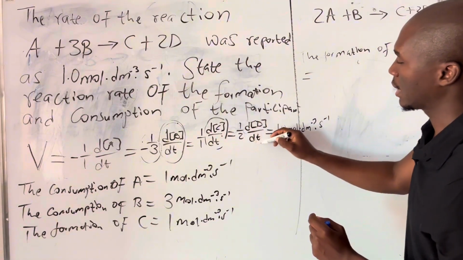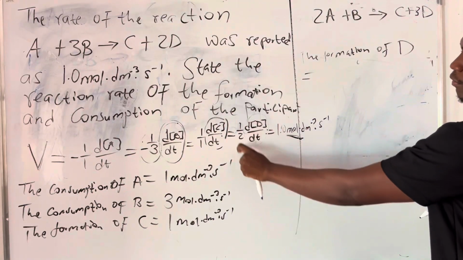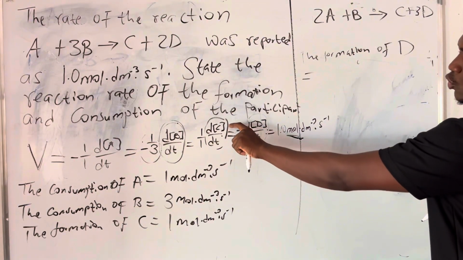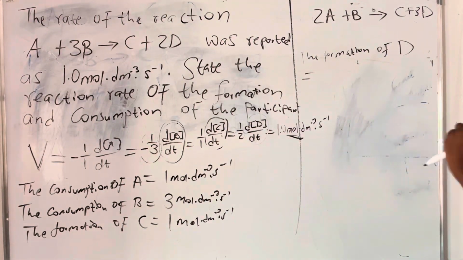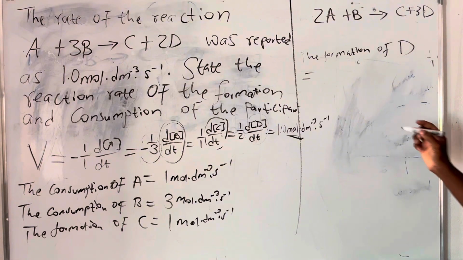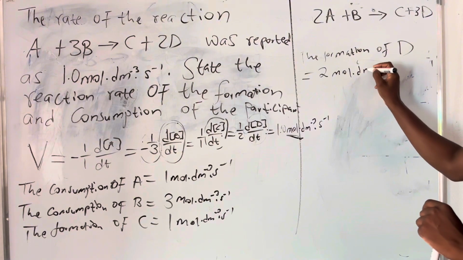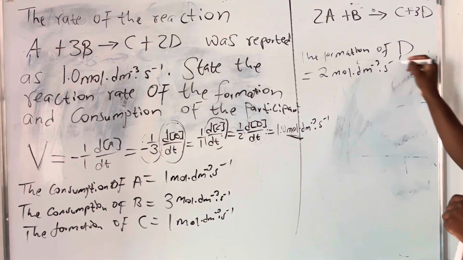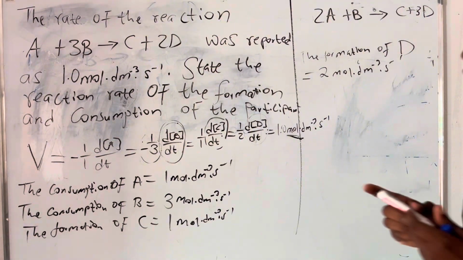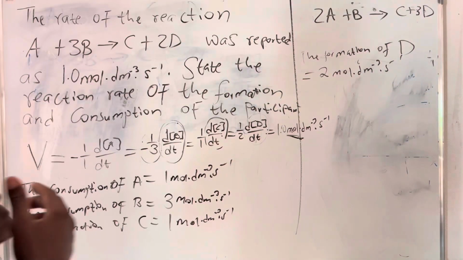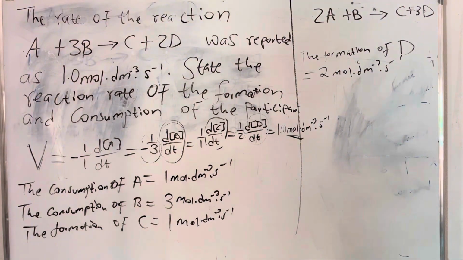The rate is this one, but we have a problem with this one, so we'll multiply by 2 on this side and multiply by 2 here, and we find that the formation will be equal to 2 mole per decimeter cube per second, like that. So in short, that is how we find the rate of consumption or the rate of formation.